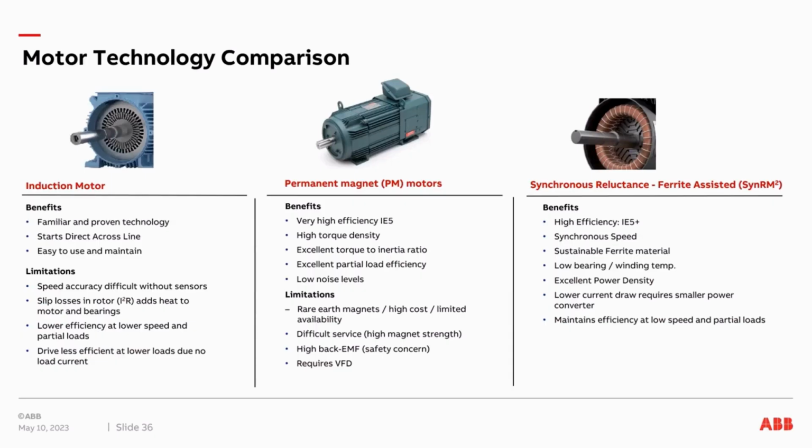It has excellent power density and lower current draw, requiring smaller power converters. It maintains efficiency at low speeds and partial loads. The limitation is that it requires a VFD to operate. You cannot put a larger three-phase permanent magnet motor, of the kind we use on drives, or a synchronous reluctance motor across the line.